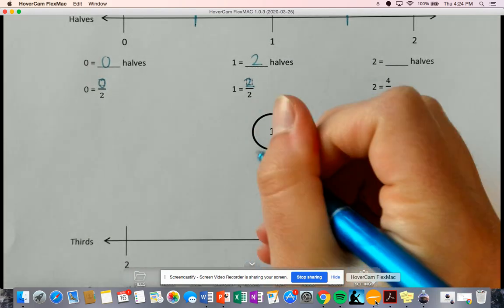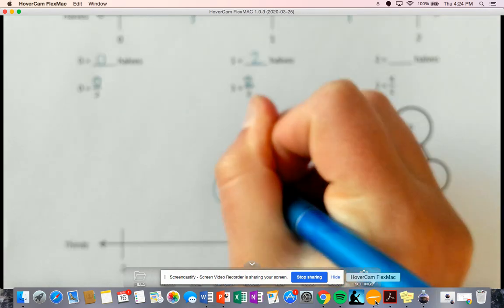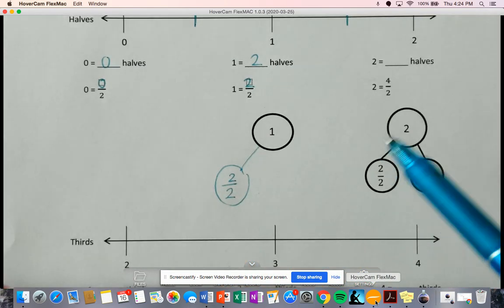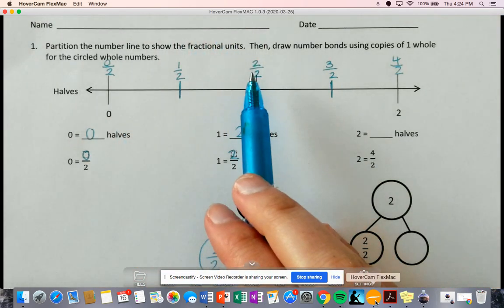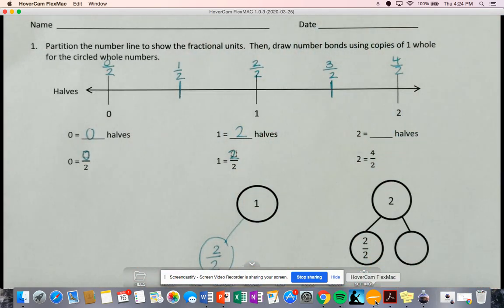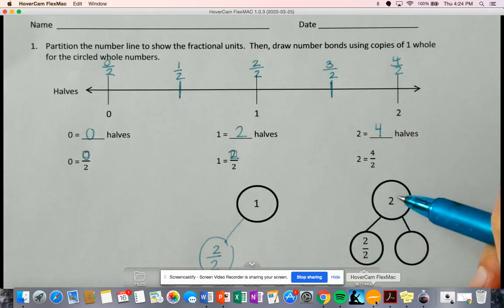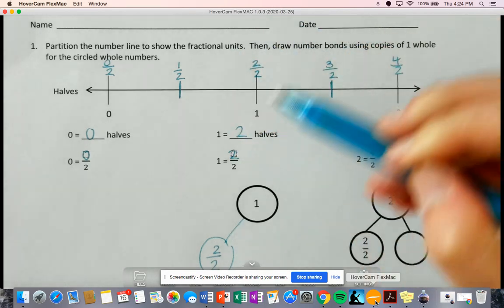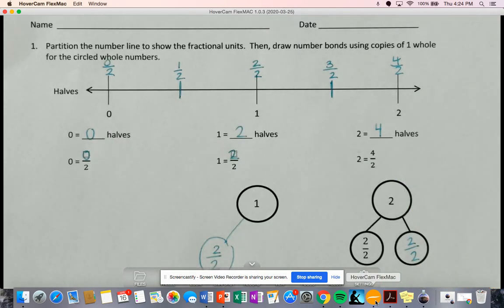And on my number bond, I'm going to add 2 halves. Now, if I have 2 wholes, I went from 2 halves and I added another 2 halves. So I now have 4 halves. So 2 equals 2 halves, which is 1 whole, plus another 2 halves. So now I have 2 wholes.